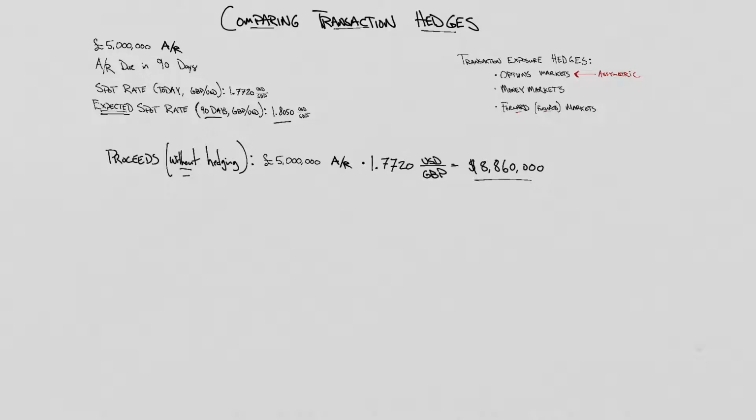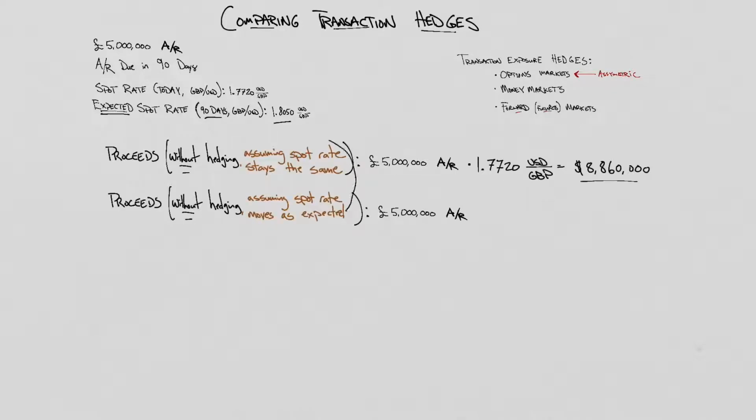And we can do the same thing, remaining unhedged, assuming that the spot rate moves as expected, this 1.805, then what we would end up with when we finally get paid in British pounds and we convert that 90 days later just at the spot market, this being that expected spot rate at the end of 90 days, we end up with $9 million and 25,000.